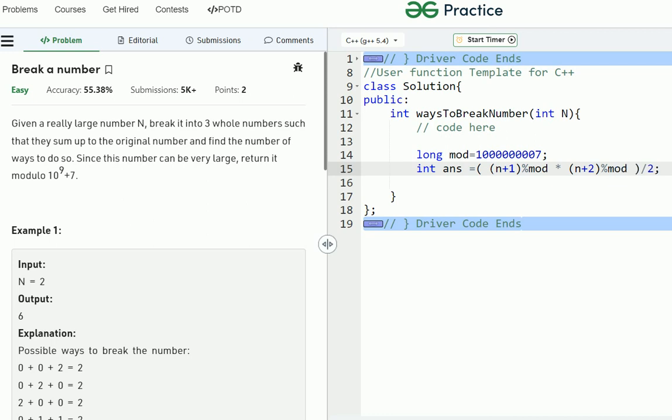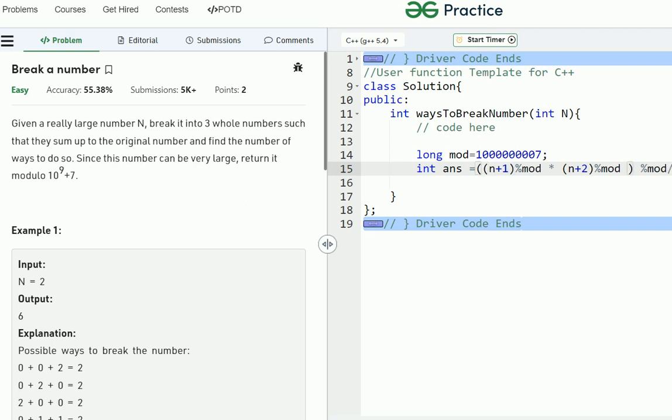And at last, if we multiply the two numbers, one integer value and another integer value, it may be possible that the product of those two numbers increases to become a very large integer value. So we need to add mod in the last equation also, before dividing. So another mod is there.